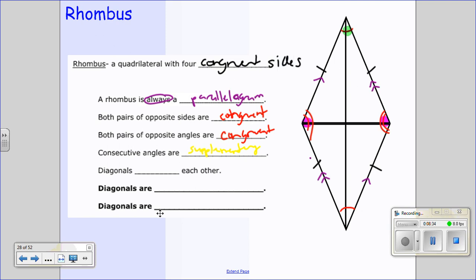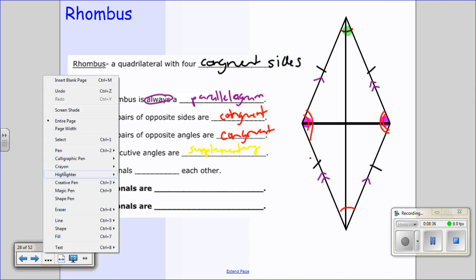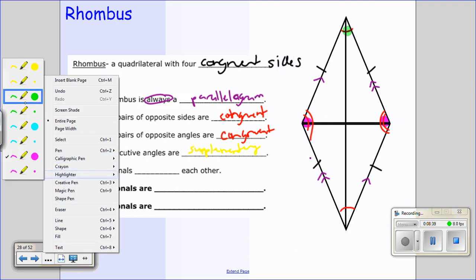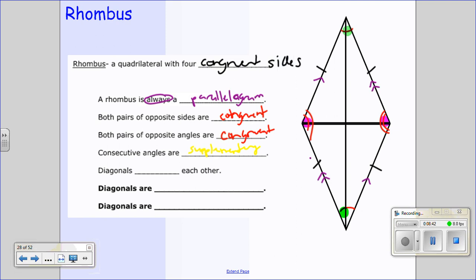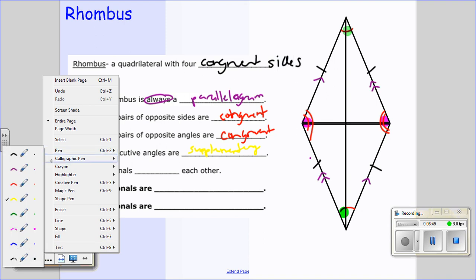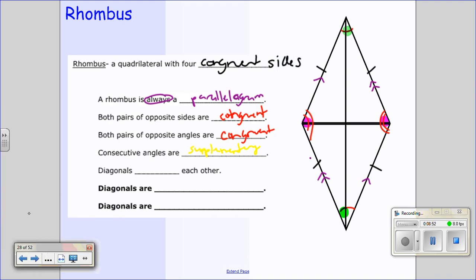Those are supplementary. Just remember again, consecutive means same side and side. And then the last thing that is same for all parallelograms is that the diagonals bisect each other. So I've already used single tally, so this would be double, double. This would be triple and triple. Or you can actually use numbers.